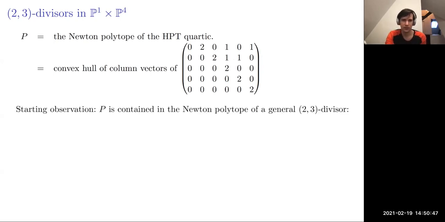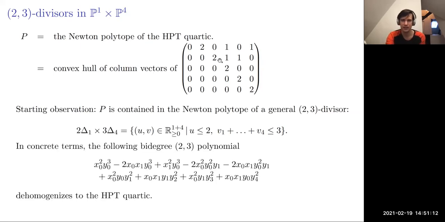Okay, so the starting observation is that we can take this small but still irrational polytope and embed it into the Newton polytope of a general 2-3 divisor. So the Newton polytope of a 2-3 divisor is given by basically the product of these two polytopes.